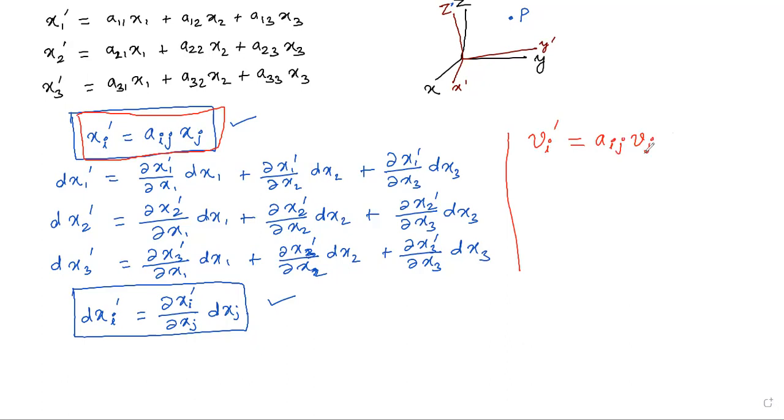So what is Vj? Vj is actually the component of the vector in the unprimed coordinate system. Let me draw the vector here.